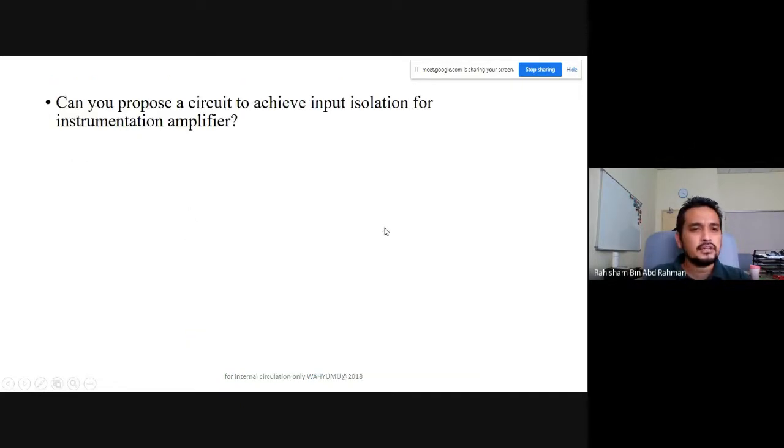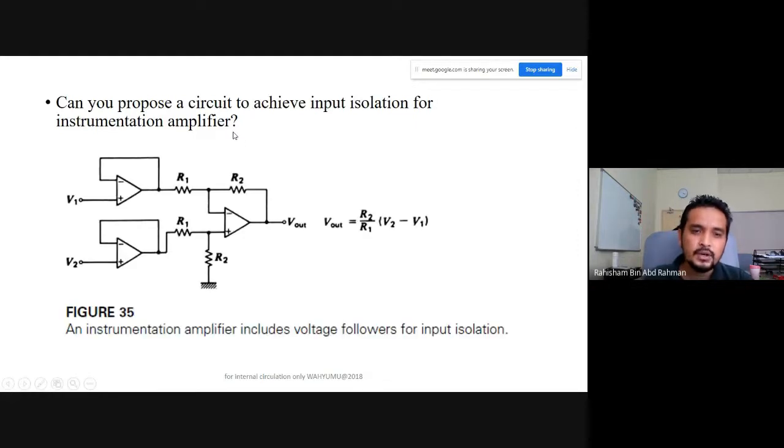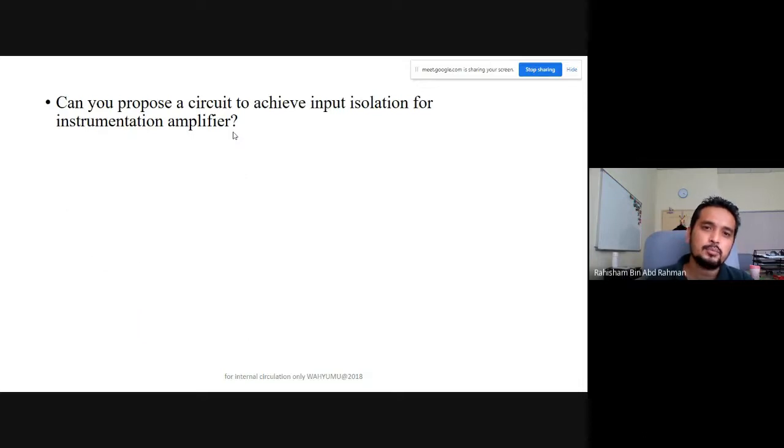And for this one, can you propose a circuit to achieve input isolation for instrumentation amplifier? Okay, by looking at this one, we know, like CK mentioned before, isolation for safety purpose.